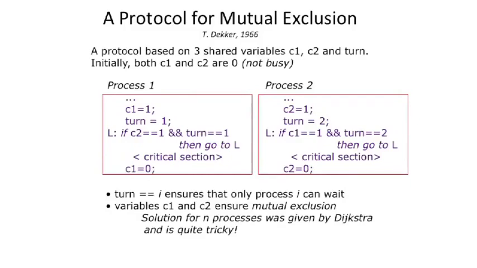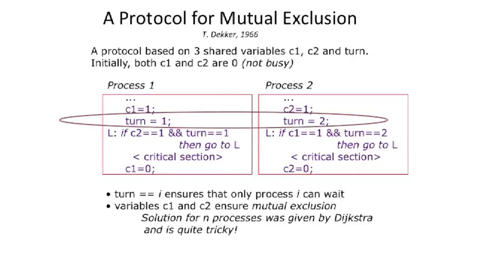So instead we say, well, let's make it more complicated. This was devised by Dekker and is largely called Dekker's algorithm. This is actually a protocol for mutual exclusion which works with just using loads and stores. And we introduce another variable here. This is a shared variable between process 1 and process 2, and we call this the turn variable.